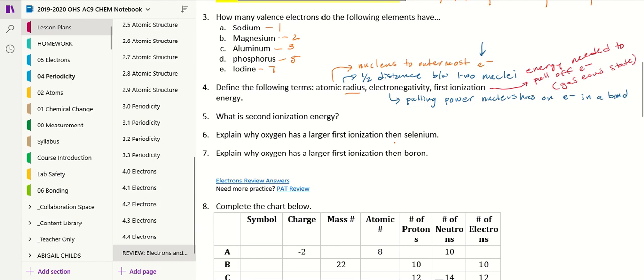So if that's your definition for first ionization energy, what do you think second ionization energy would be? Yeah. If I already have my first electron pulled off, how much energy does it take to pull off a second electron?